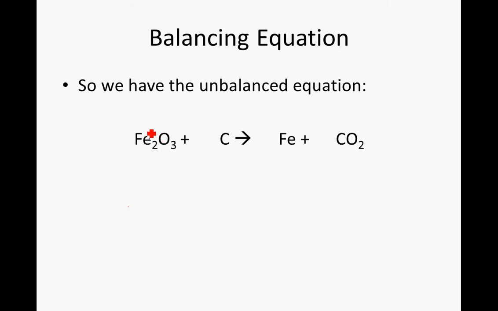Because there are 2 irons here, but only 1 iron over on the right side. And oxygen is also not balanced yet. O3, O2. So our objective is to balance iron and balance oxygen.